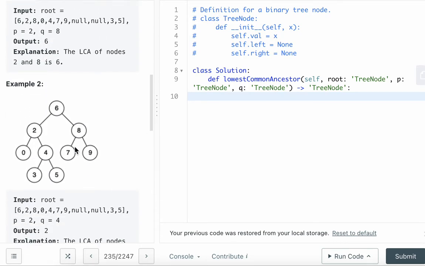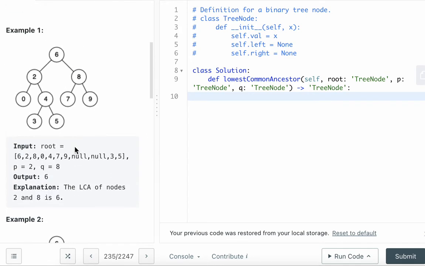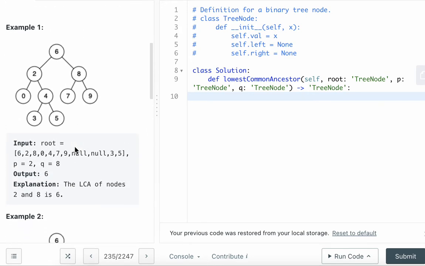If you take a look at this example, we can find something in common: if P is smaller than the root and Q is bigger than the root, even if P is 0 and Q is 9, their common ancestor is still the root, 6.